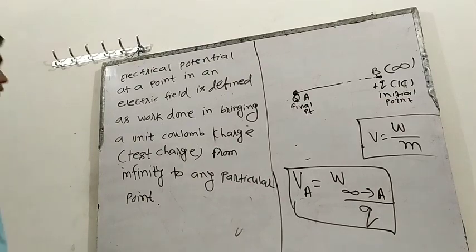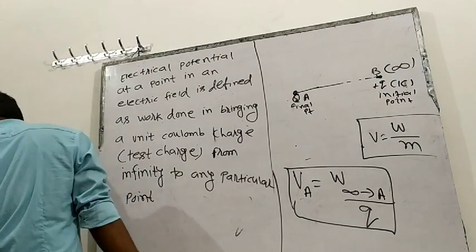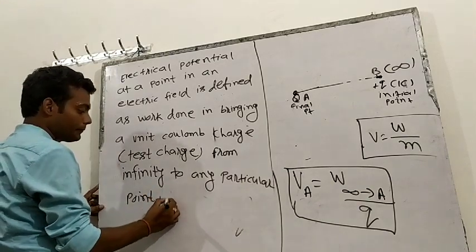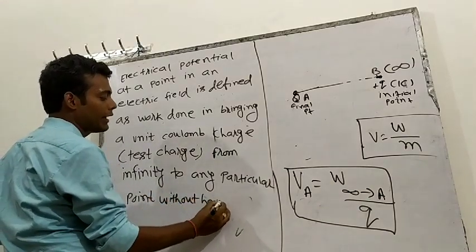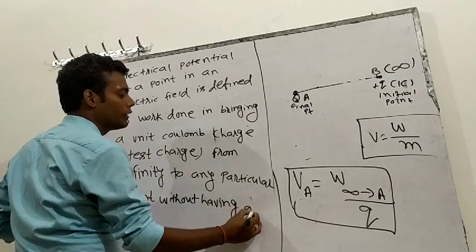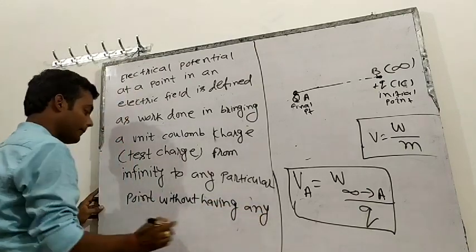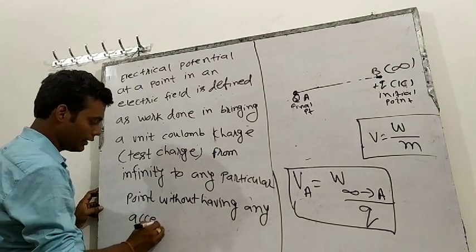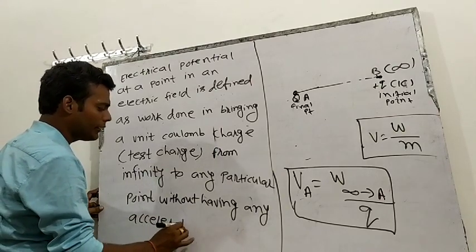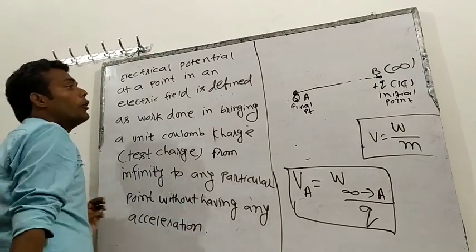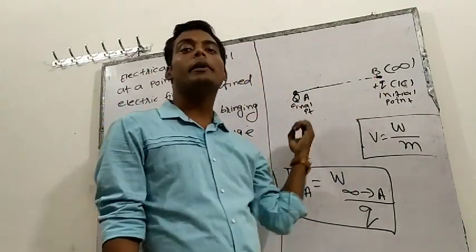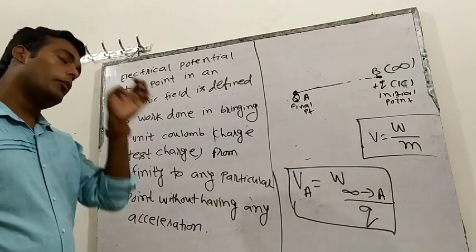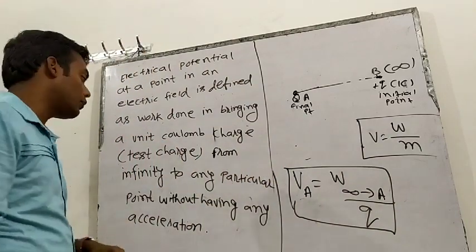Without having any acceleration. What does it mean? When we move this charge from infinity to point A, we have to move it very slowly. We said that we have to move it very slowly.